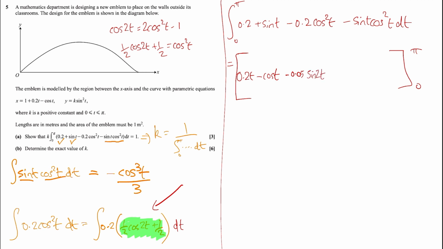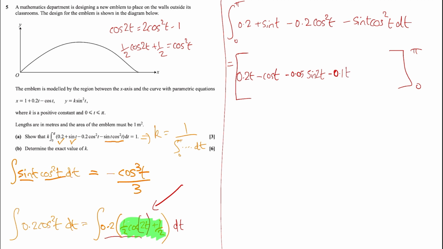So what have I done there? Well, from here, 0.2 divided by 2 is 0.1. Cos integrates to sine. And then we had to divide by 2 because of the argument of the cos. And then 0.2 times a half is 0.1. So this is just going to go to minus 0.1t.